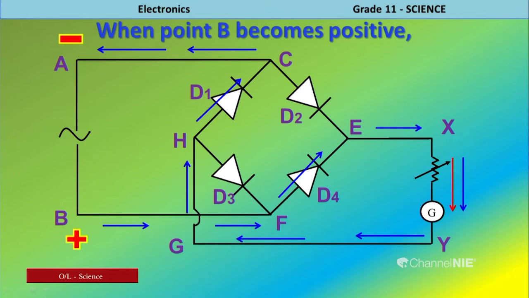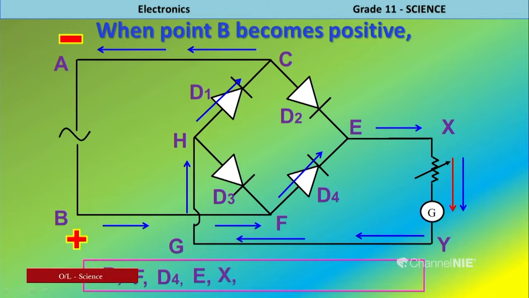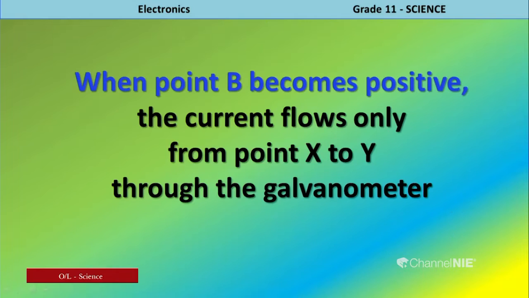In this way, you can represent that using letters B, F, D2, E, X, Y, G, H, D1, C and A. Right. That means when point B becomes positive also, the current flows only from point X to Y through the galvanometer.